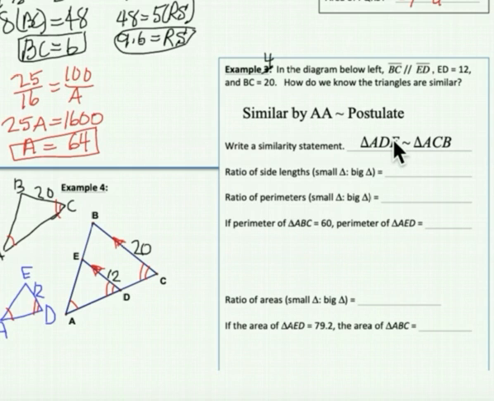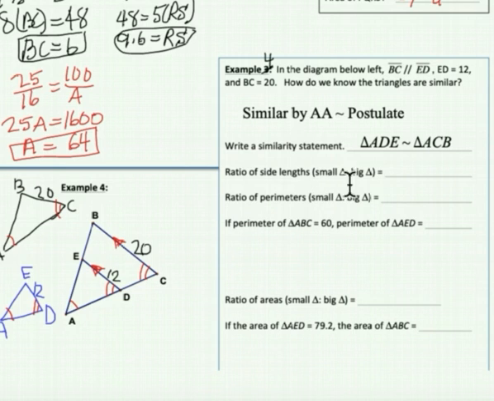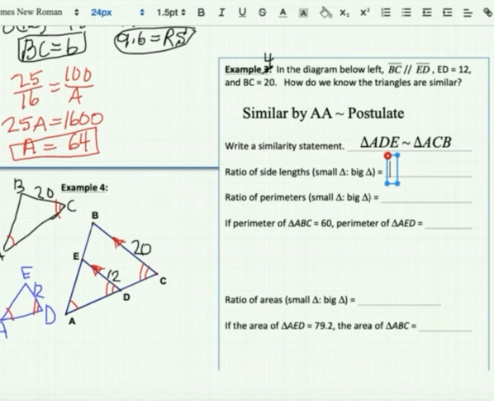And let's write down what the ratio of sides is, small triangle to the big triangle. So small triangle to the big triangle, the ratio of sides is 12 to 20. And so I'll write that over here, 12 to 20, which is going to reduce to a 6 to 10 or 3 to 5 ratio.